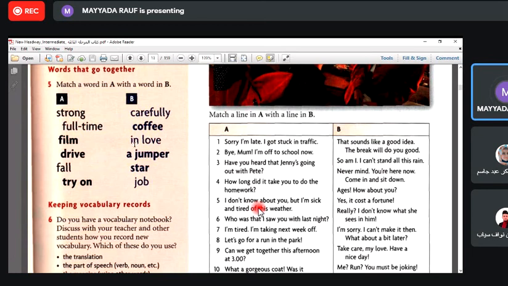Each of them should be used with one of these words only. So here, for example, we have strong. The word that is suitable to use with strong is coffee. Strong coffee. And then you can choose different words for the different ones from A.